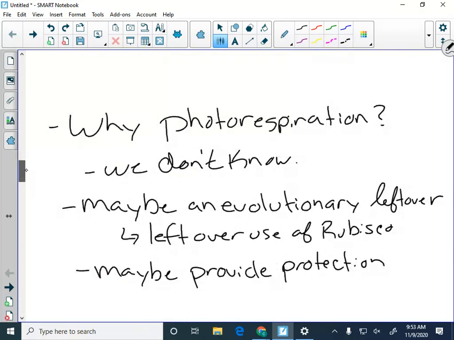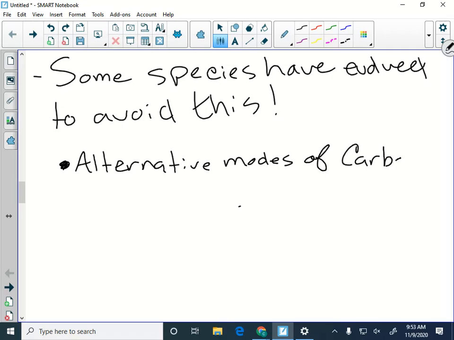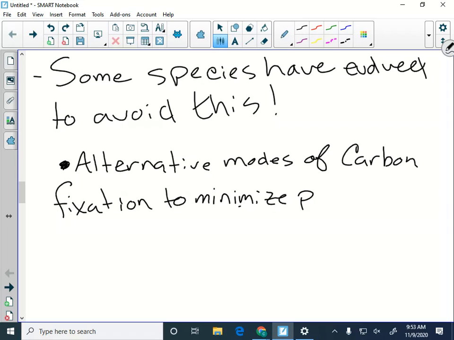Some species have evolved to avoid this. We have alternative modes of carbon fixation to minimize photorespiration.